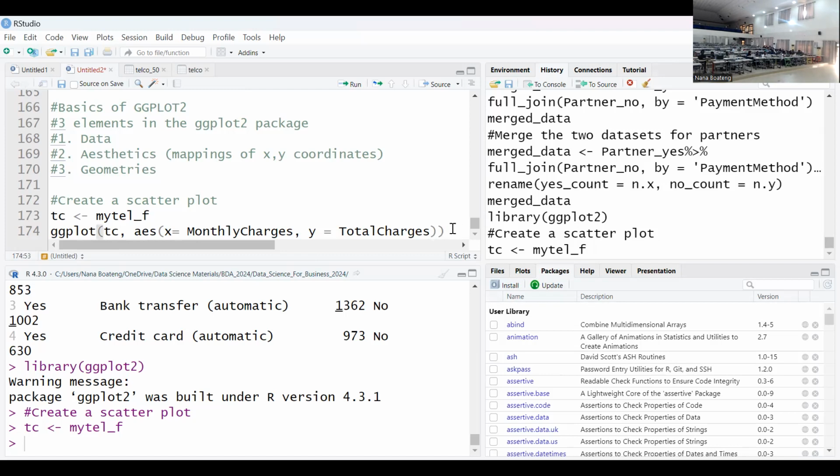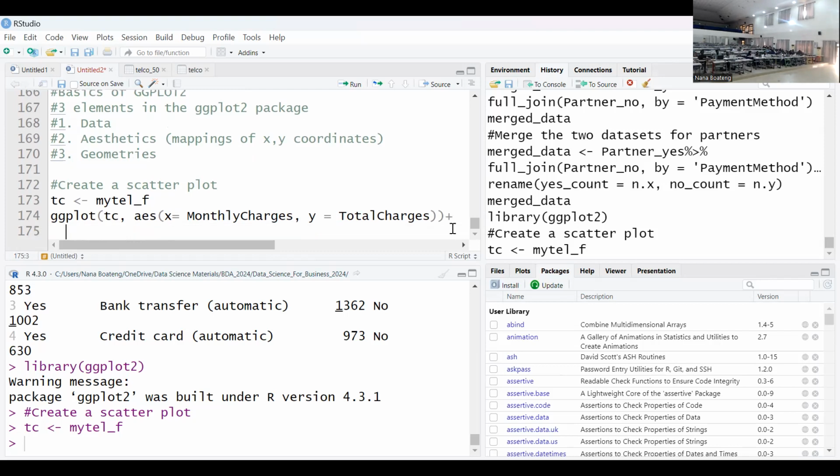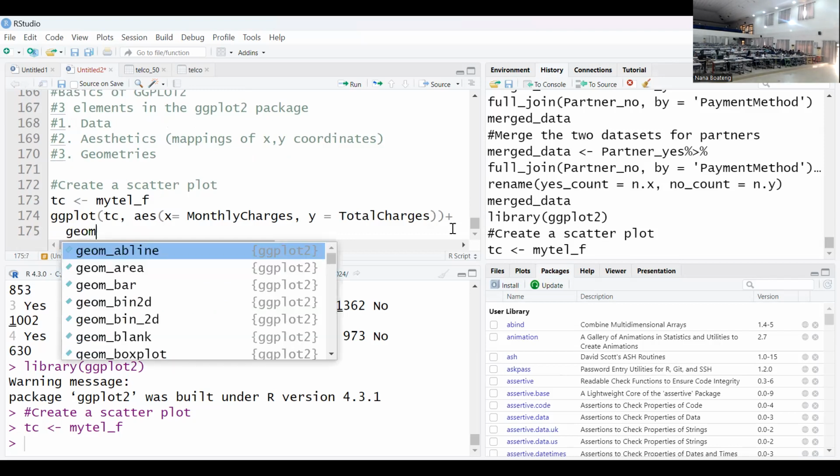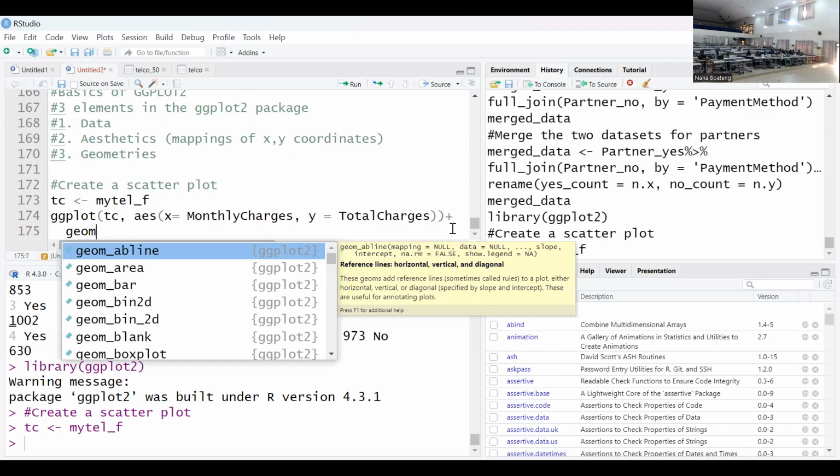So you put all of this, the ggplot, into brackets with the data and aesthetics. When you finish, you add a plus sign, then enter and come down. When you come down, use the geom. You see that there are so many types of geom: geom_abline for regression, geom_area, geom_bar, geom_bin.